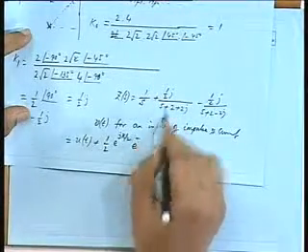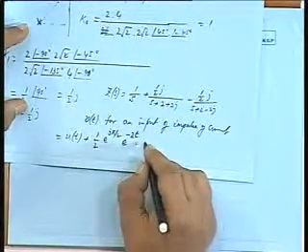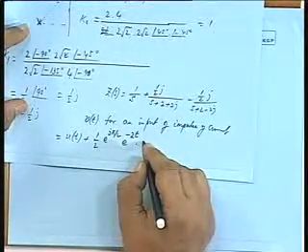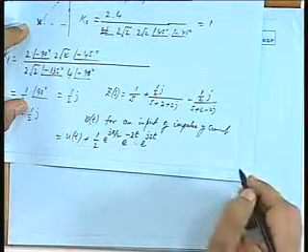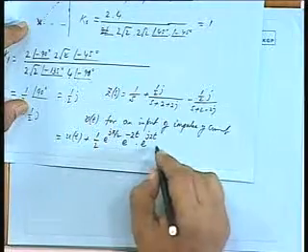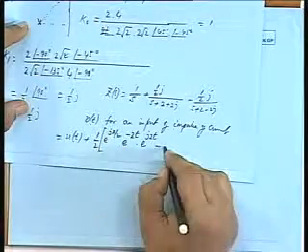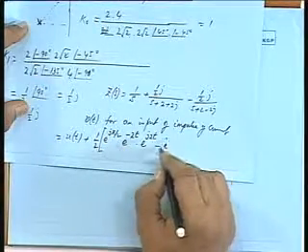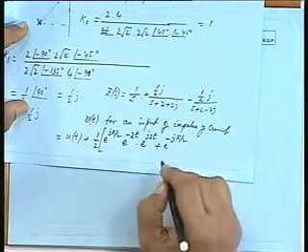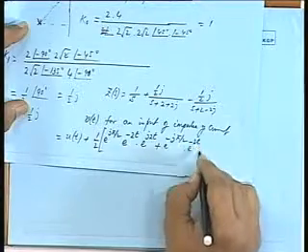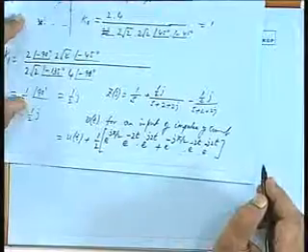E to the power minus 2t, alpha plus j beta, then e to the power j 2t, okay, minus half is common, e to the power, okay, I will write plus e to the power minus j pi by 2, e to the power minus 2t, e to the power minus j 2t.